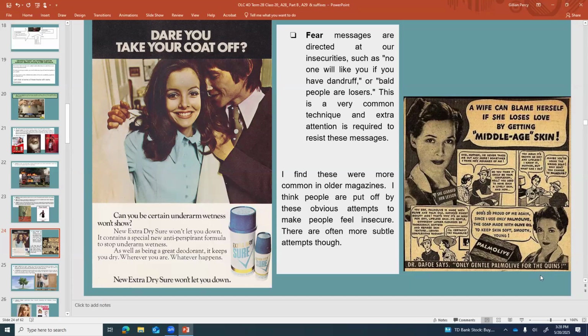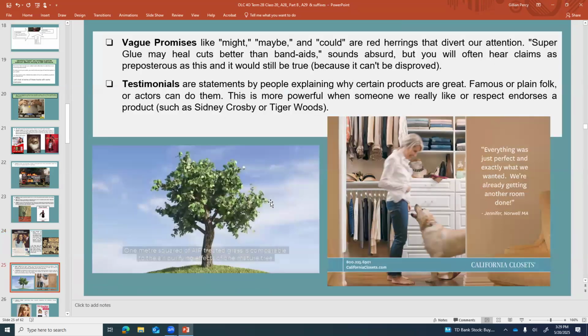And then there's another horrible one over here where it says, "A wife can blame herself if she loses love by getting middle-aged skin." Because again, apparently women are supposed to stay young forever, magically. I'm sure we do get these kinds of ads these days, but they aren't quite as blunt as these ones, where they want to encourage you to buy the product just because you're scared, right?